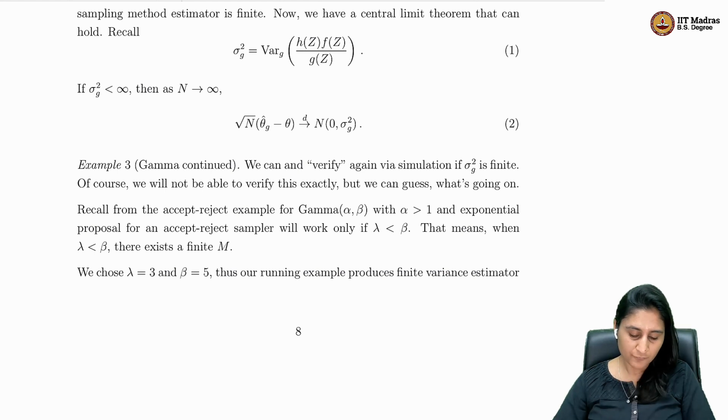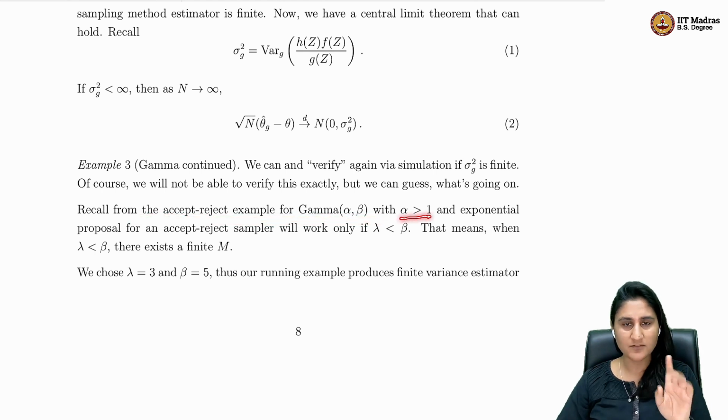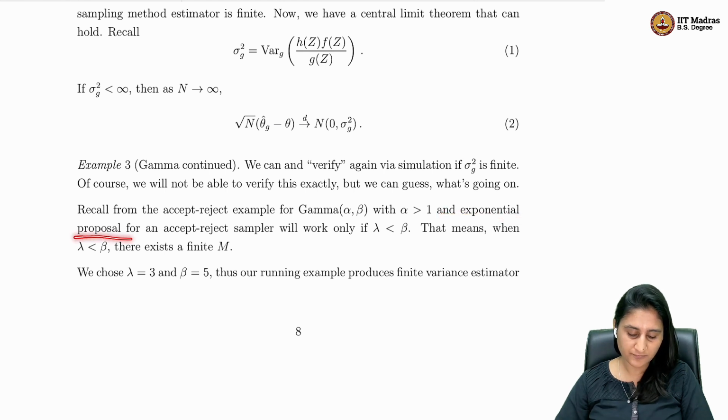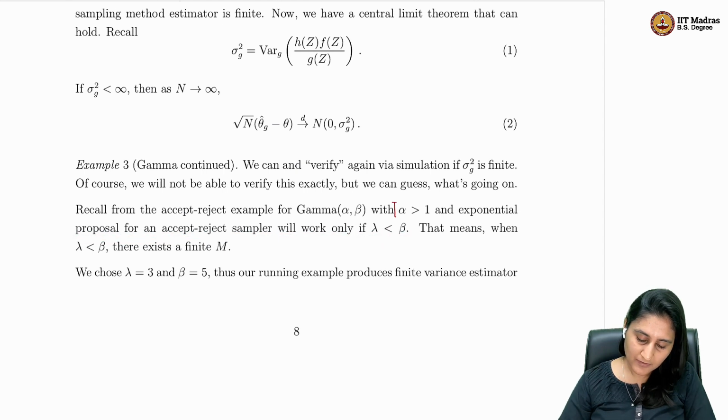So recall from the accept-reject example for Gamma(alpha, beta), alpha had to be greater than 1, and the exponential proposal such that lambda is less than beta.